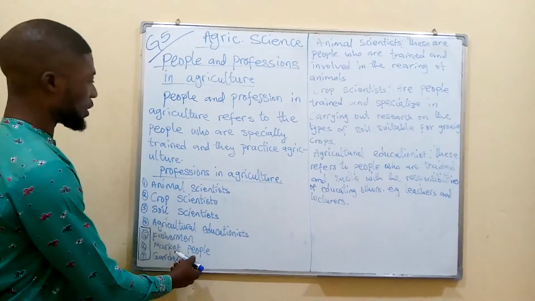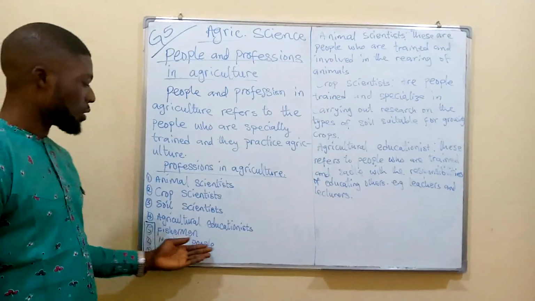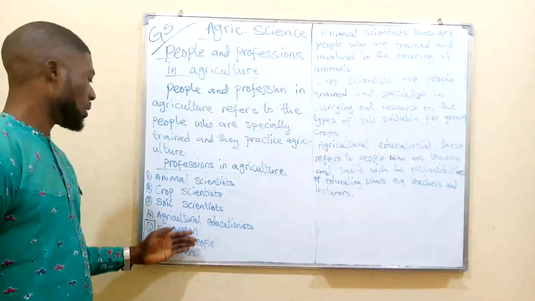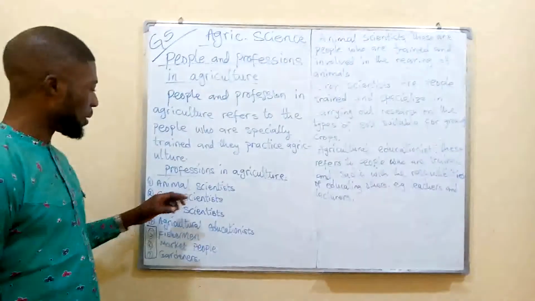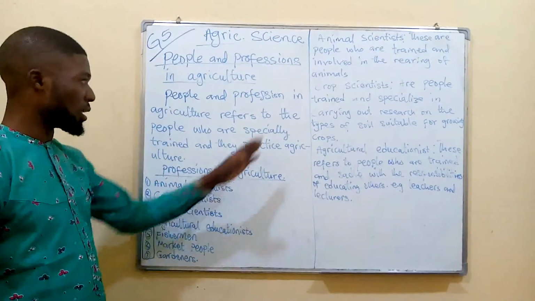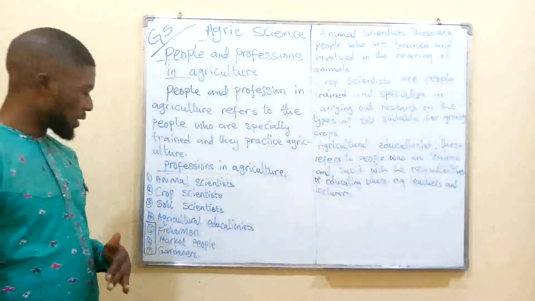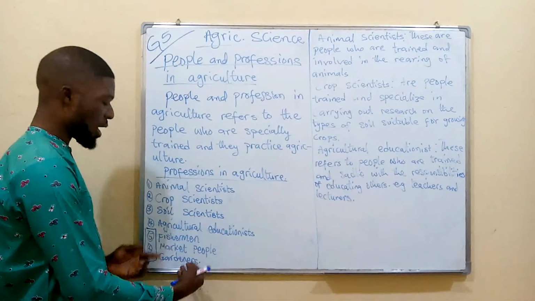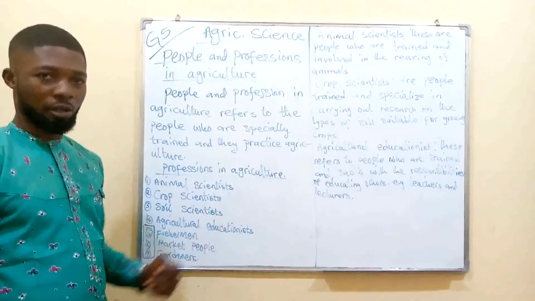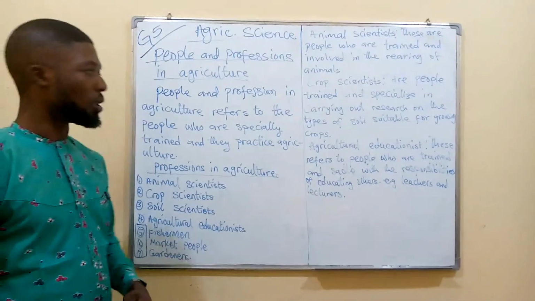Explain these professions in agriculture for me. That means you tell me the role of these people and how this profession is involved in agriculture, as explained here for the other ones.